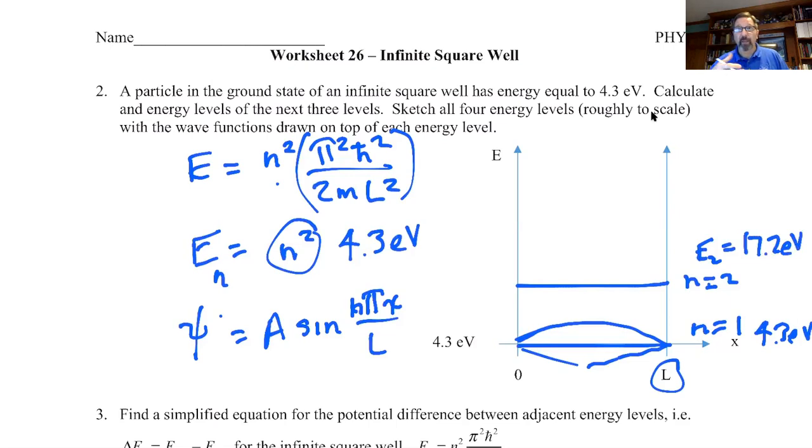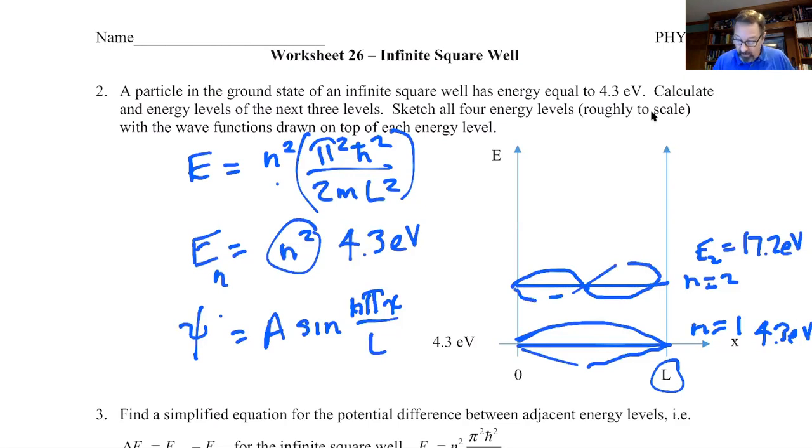The Bohr energies had that minus 13.6 eV, and then every other energy was divided by n squared in that case. In this case, it's multiplied by n squared for an infinite square well. But what does the wave function look like for this n equals 2? I think it looks like that, the second mode of a standing wave on a string.